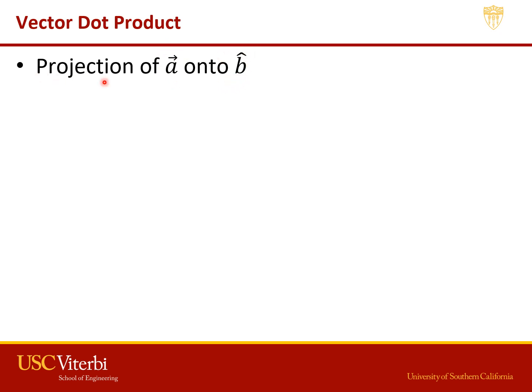So I am projecting this vector A onto a unit vector B. If we do that with this form of the equation again, since B is a unit vector, that term drops out, and we just have magnitude of A times the cosine of the angle between them. Now, that is going to give us a projection. What is a projection? What does that even mean?